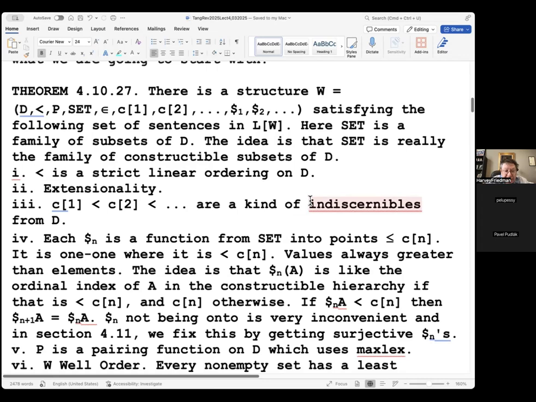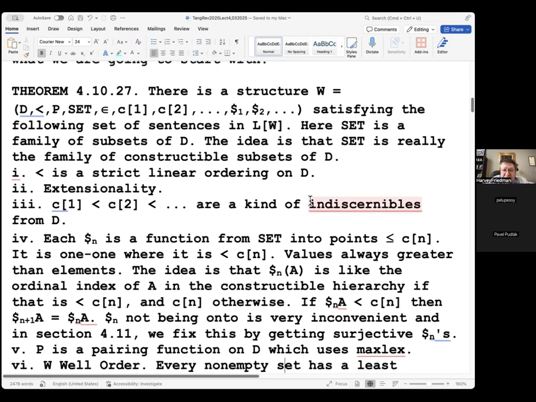This is an abridged, semi-formal version of Theorem 410.27 from the text, which I put a bunch of English in and some comments and cut out some stuff in order to make this more understandable. So this is the starting point, the fairly late thing in section 10.